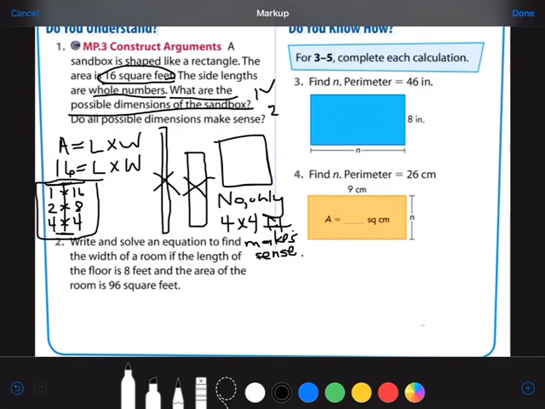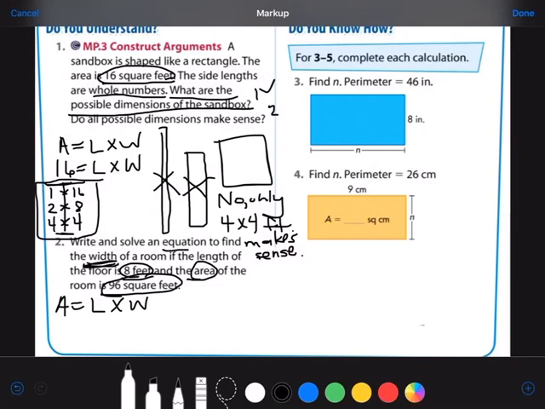All right, number 2. Write and solve an equation to find the width of a room if the length of the floor is 8 feet and the area is 96 square feet. So the question in this one is actually find the width. Well, I know area equals length times width. They want me to write an equation. Remember, equations have an equal sign.